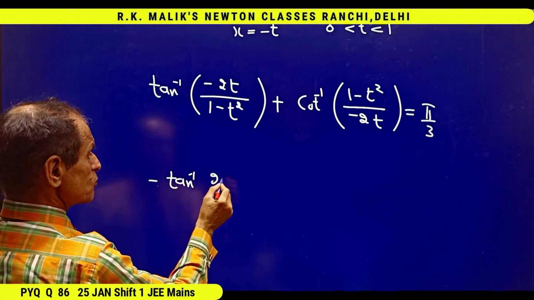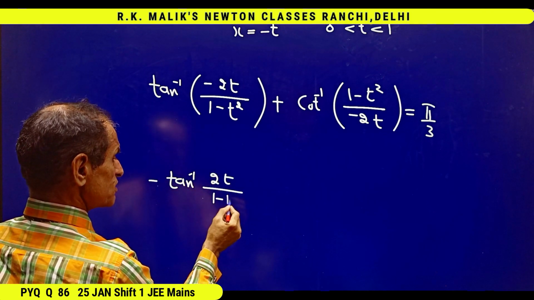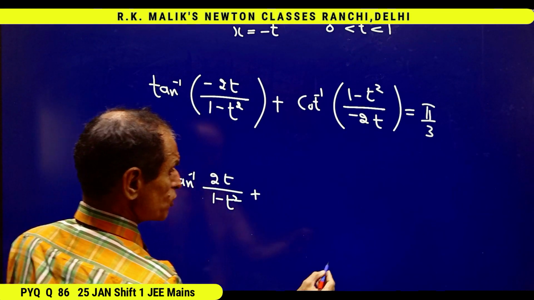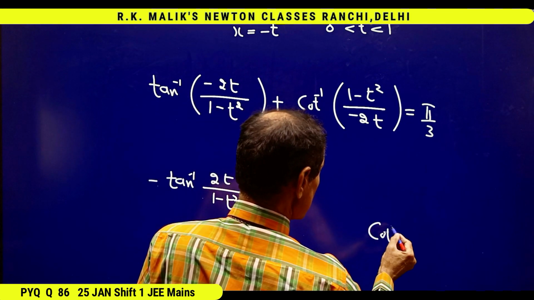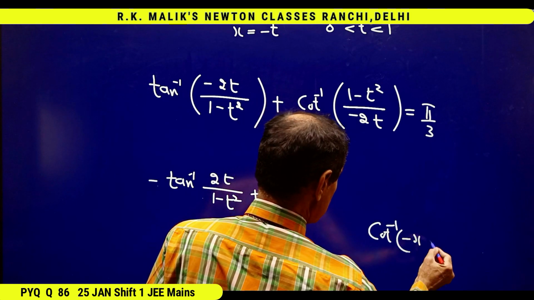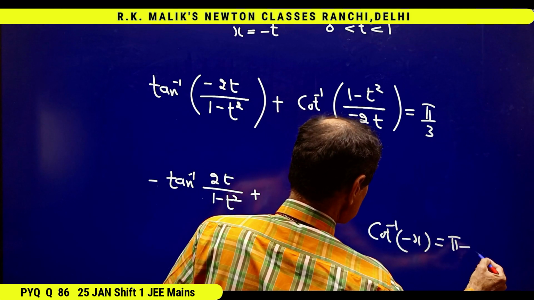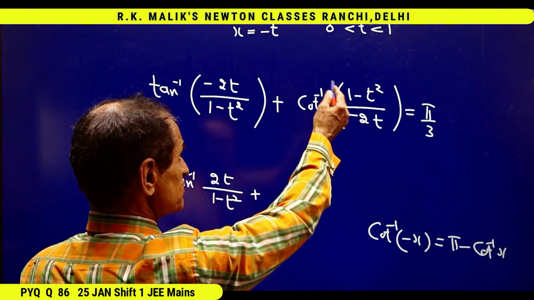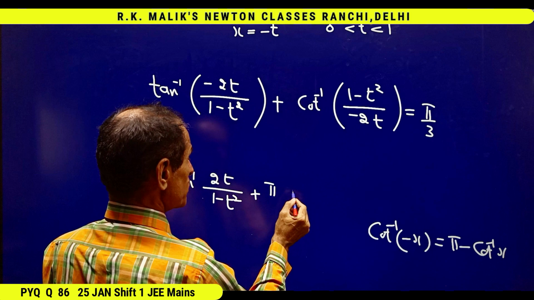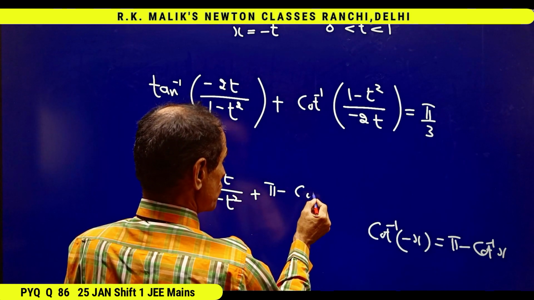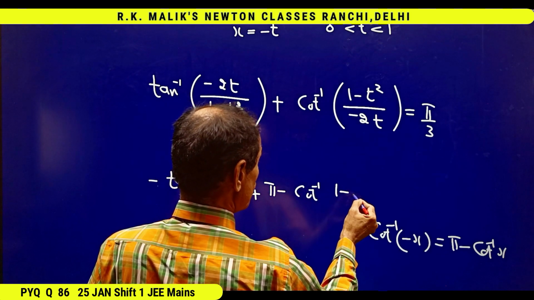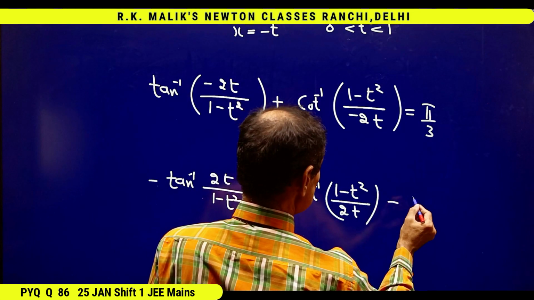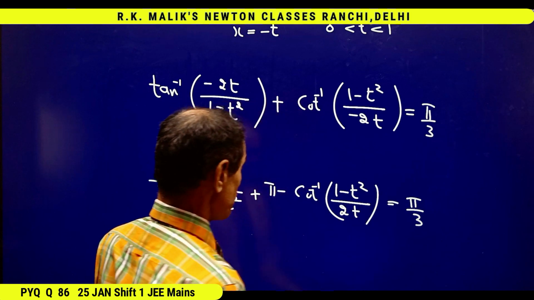That is, it is minus tan inverse 2t upon 1 minus t square plus, as we know the formula, cot inverse minus x is pi minus cot inverse x. Hence this can be written as pi minus cot inverse 1 minus t square upon 2t equal to pi by 3.